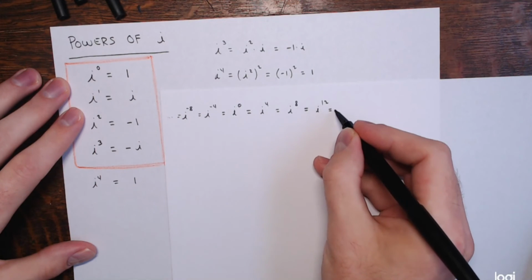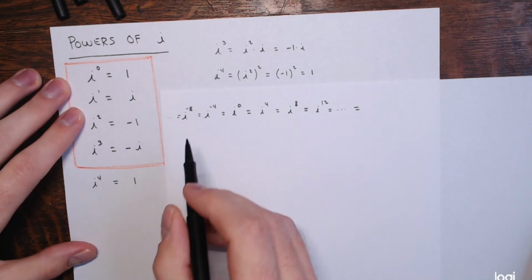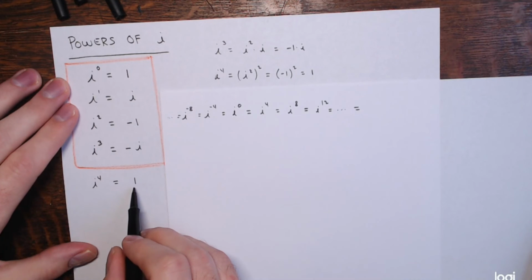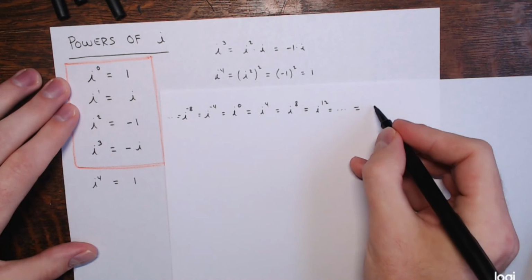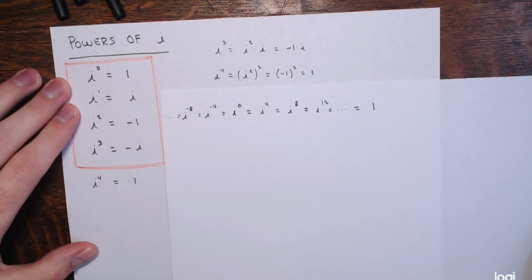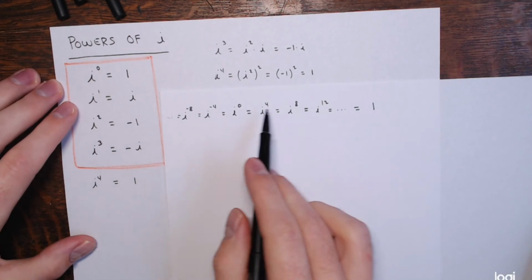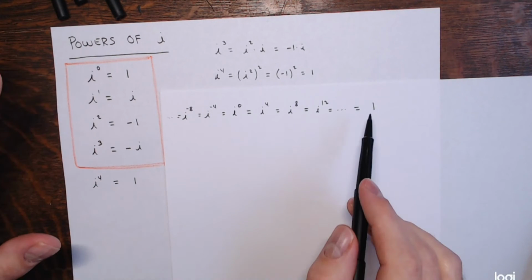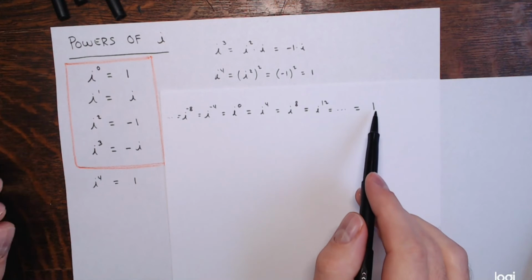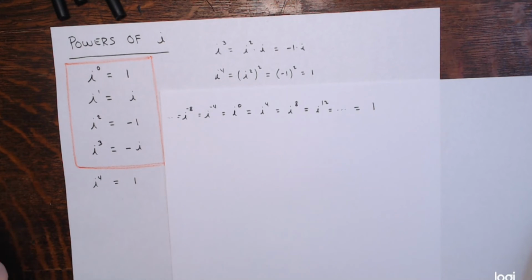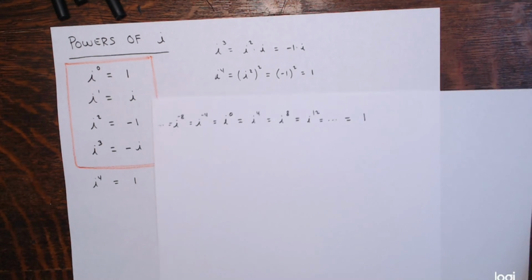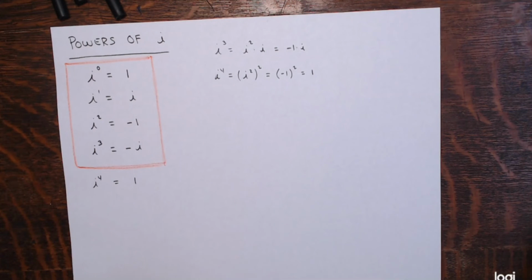And all of these will be equal to 1. So if your power of i is a multiple of 4, the result is 1. It simplifies to 1. And I'll come back to that page. All right, let's keep going.